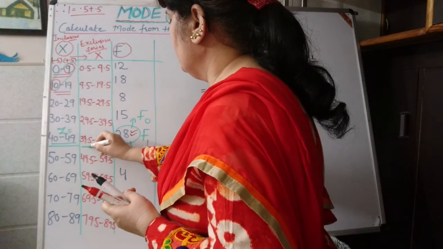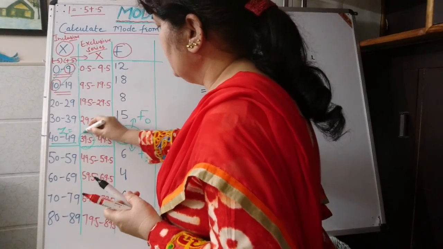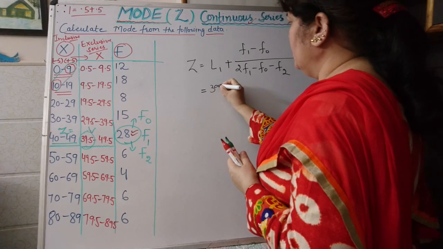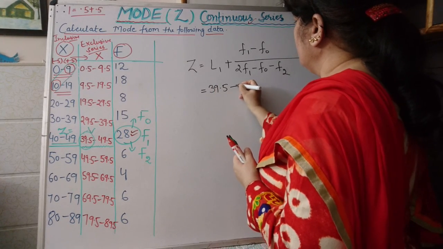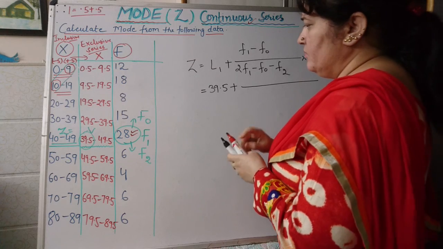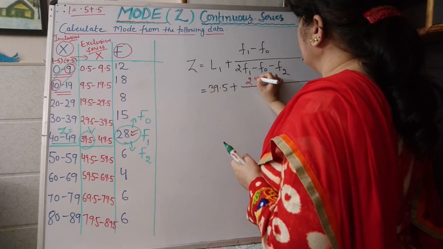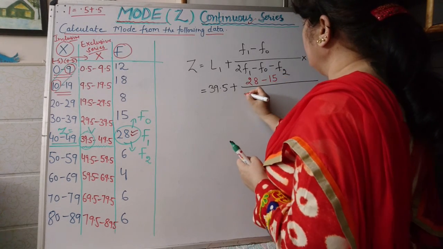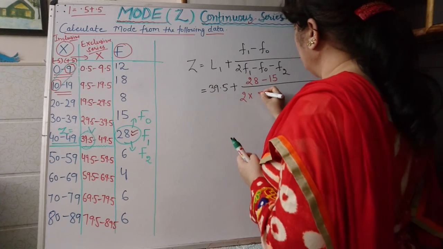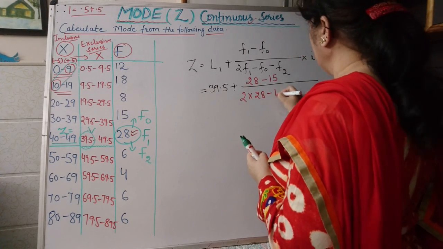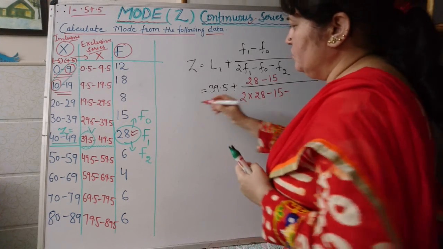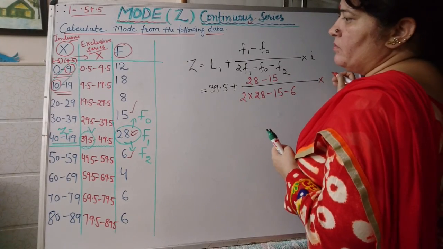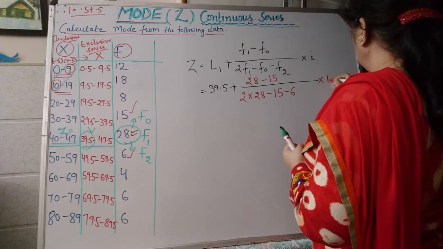Because we have converted, this is L, 39.5, plus F1 is 28 minus F0 15, divided by 2 multiplied by F1 28 minus F0 15 minus F2 which is 6, and multiplied by the equal class interval of 10.